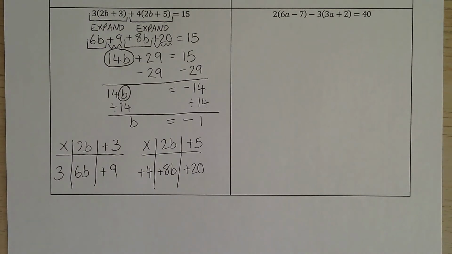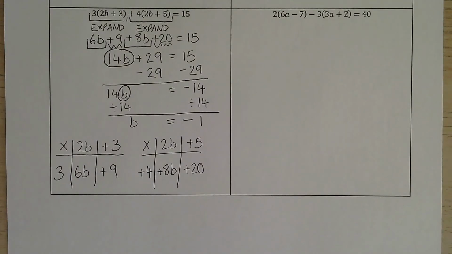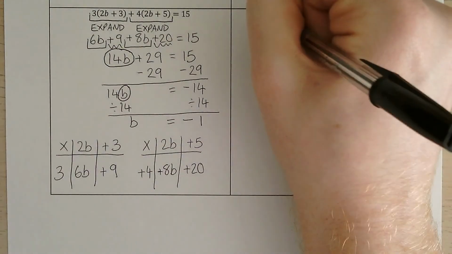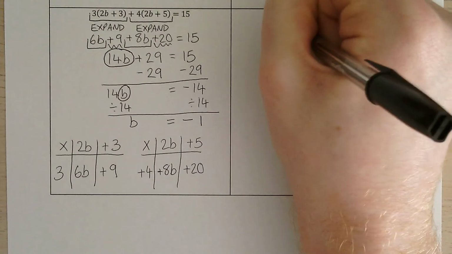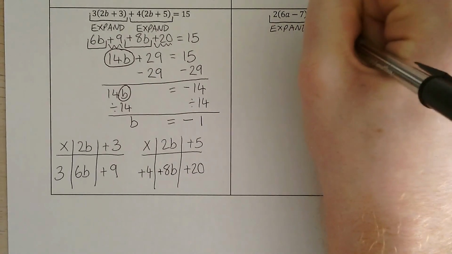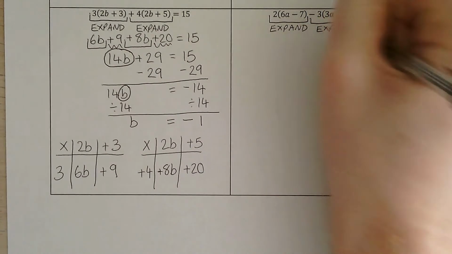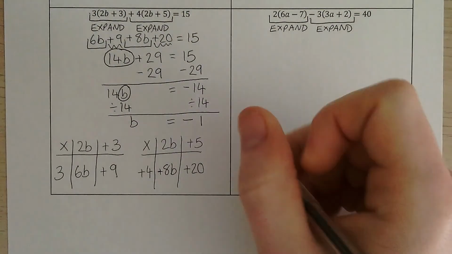On to the final question for today, and again it's very similar, but now we have negative signs to worry about as well. But the good news is our regular methods work. So we will need to expand both brackets again, but here again it's really important that this minus is included within the second grid method.